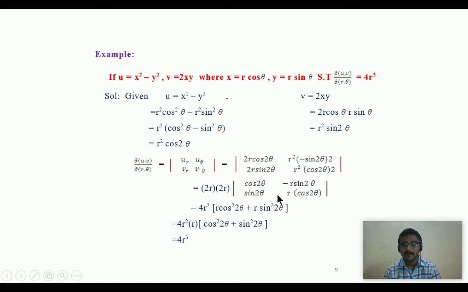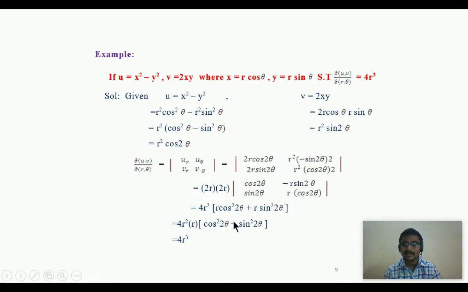Determinant for the submatrix: AD, r cos 2 theta into cos 2 theta is r cos square 2 theta, minus BC, that is minus r sin 2 theta into sin 2 theta is minus r sin square 2 theta. But the formula having minus, AD minus BC, so minus into minus is plus. So thus we will have r cos square 2 theta plus r sin square 2 theta.